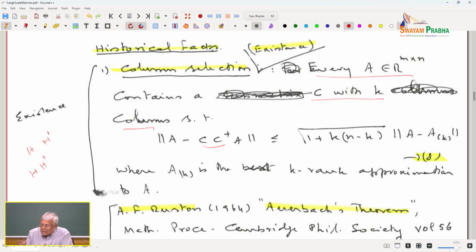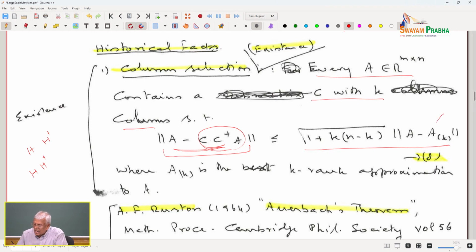The columns come from A itself such that the projection of A onto the subspace spanned by the columns of C, A minus that projected matrix, the norm of the error is no more than the right hand side.